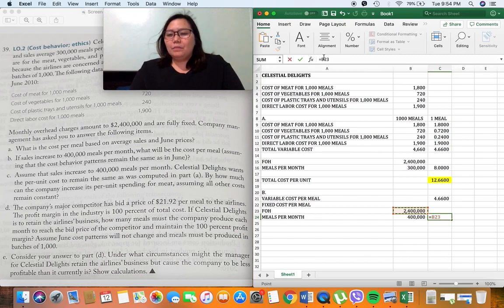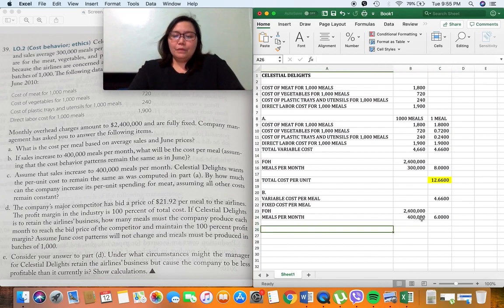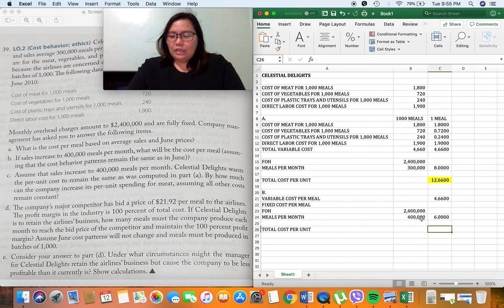Okay? So, we divide 2.4 million by 400,000 and we'll get 6. So, if the number of meals prepared and sold per month increases to 400,000, our total cost per unit will be equal to how much?